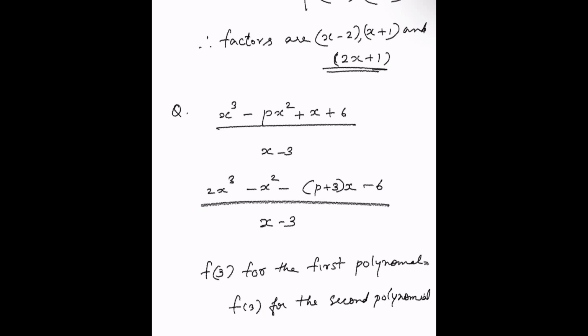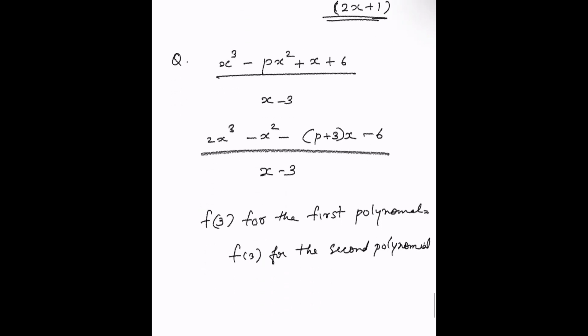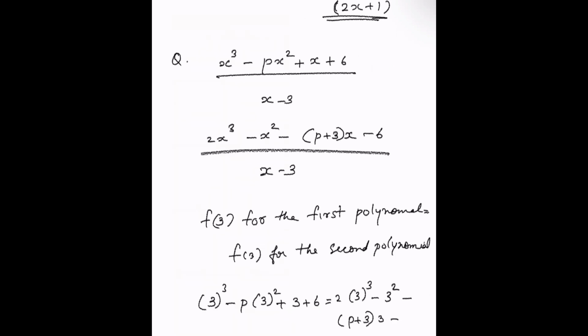But what is known to you is that when you divide the polynomials by x minus 3, you get the same remainder. So f of 3 for the first polynomial is equal to f of 3 for the second polynomial. So calculate that. It will give me 3 cube minus p into 3 square plus 3 plus 6 equal to 2 times 3 cube minus 3 square minus (p plus 3) into x, x is 3, minus 6.